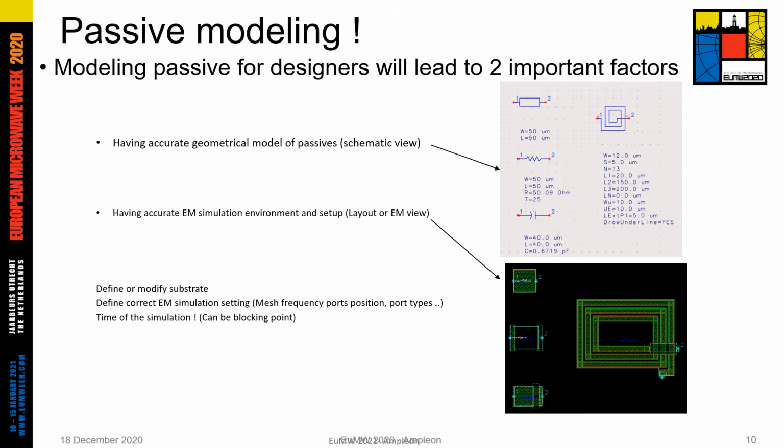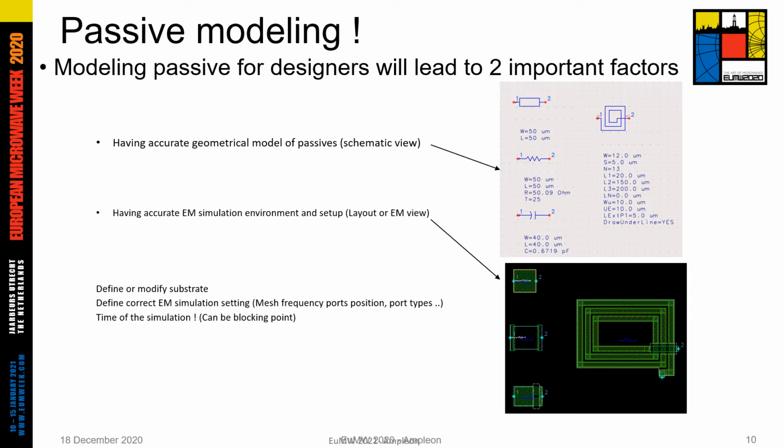To do this, we need to define or modify the right substrate. We need to be very careful with the EM simulation settings at millimeter wave, because it's very sensitive. This includes the mesh frequency, port position, port types, and the calibration that we apply on the ports. More important is the simulation time.